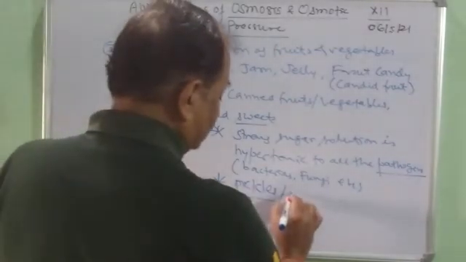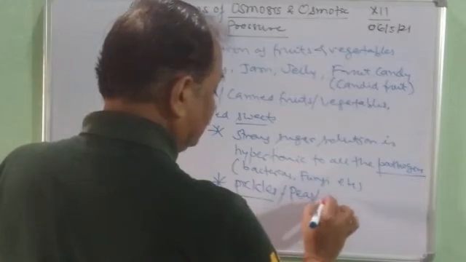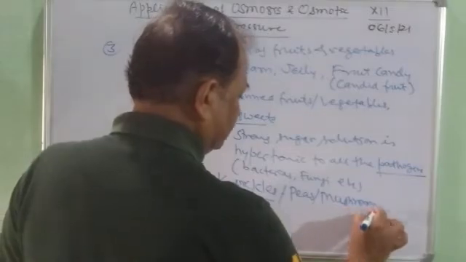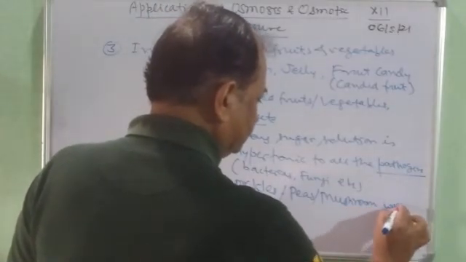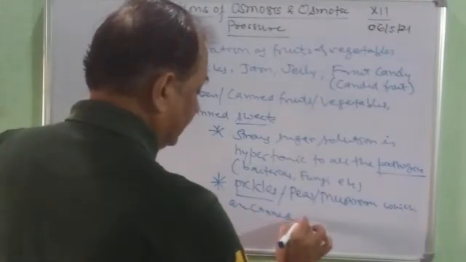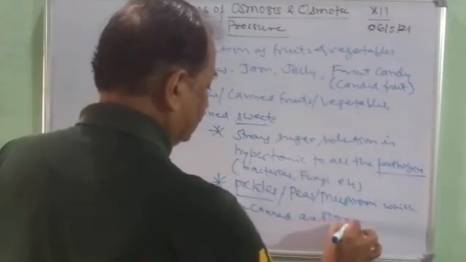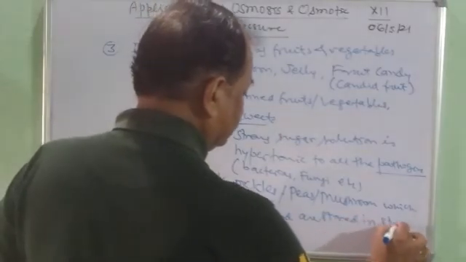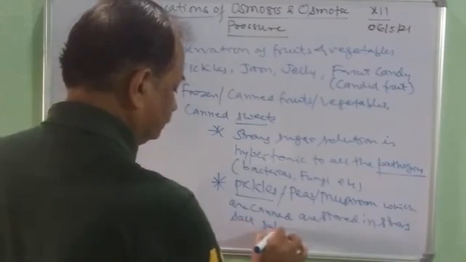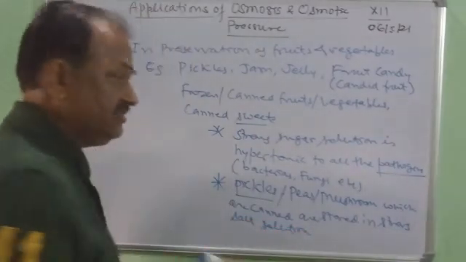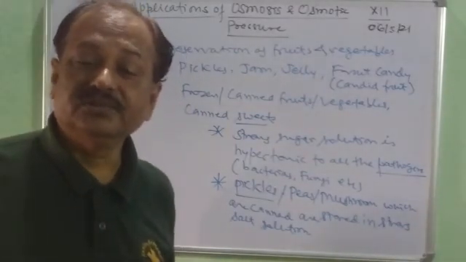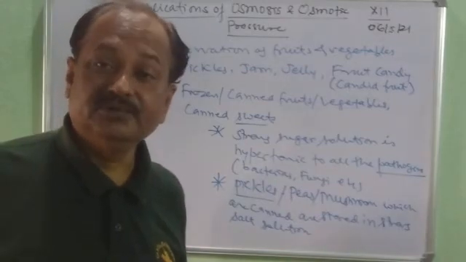Pickles, peas, then mushrooms which are canned are stored in a strong salt solution. When the salt solution is strong, there is no chance of infection or any infestation from the pathogen.